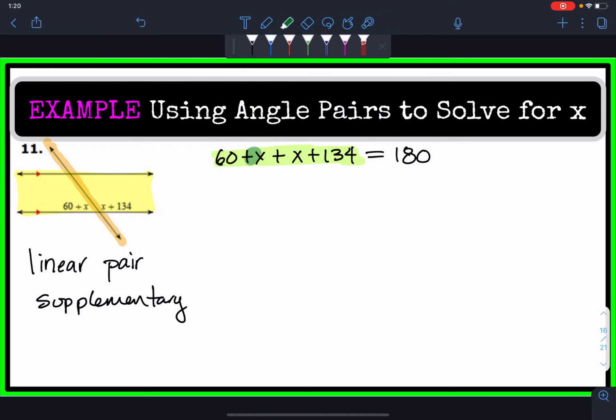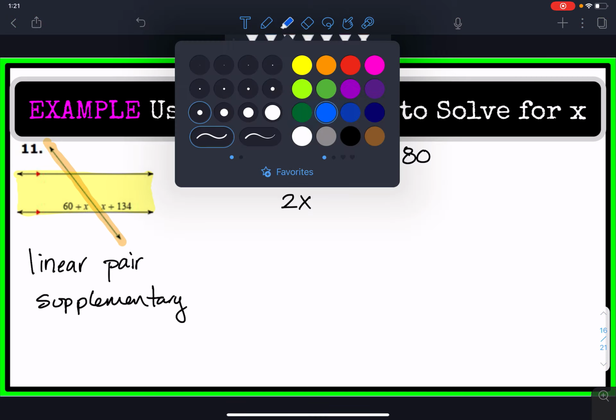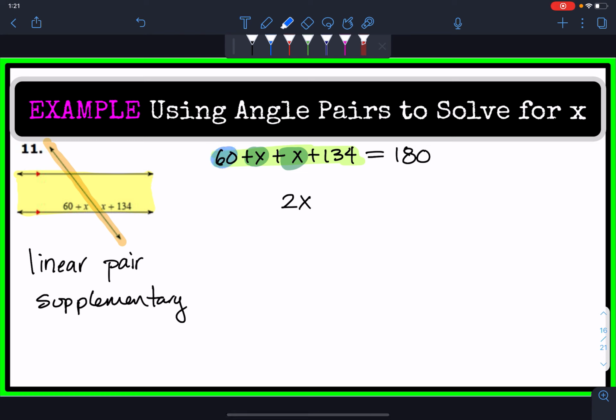So I can add the x's together, which is going to be 2x. I can add the constants together, these two, and that's going to equal 194, and that equals 180 degrees.